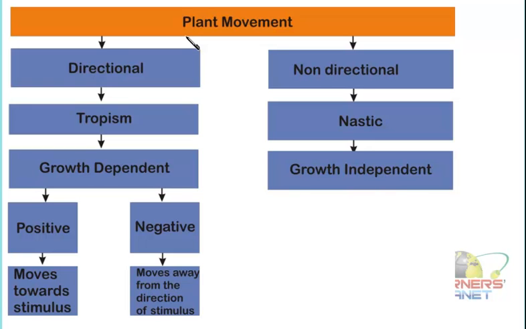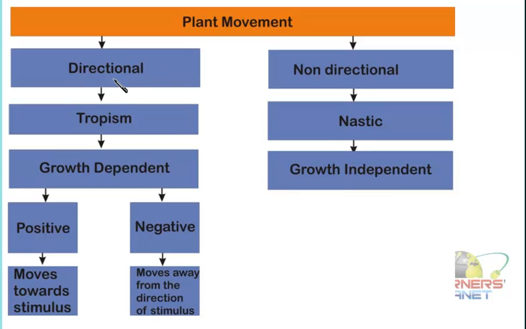These stimuli are either present all around, or they come from a particular direction, and then we can observe that some movements go towards the stimulus, or sometimes move away from it. The others are free and independent of direction. So such movements can be classified on the basis of two things: one is the direction, and the second is the connection with growth.